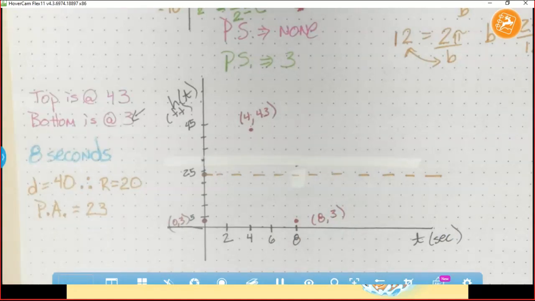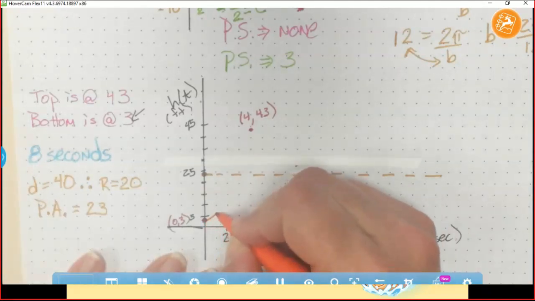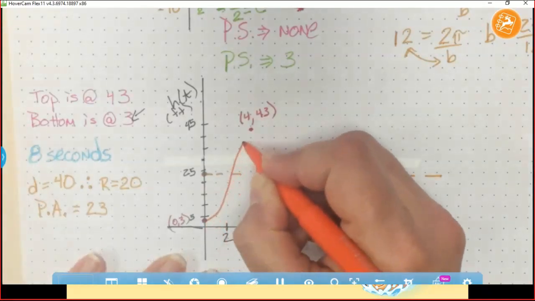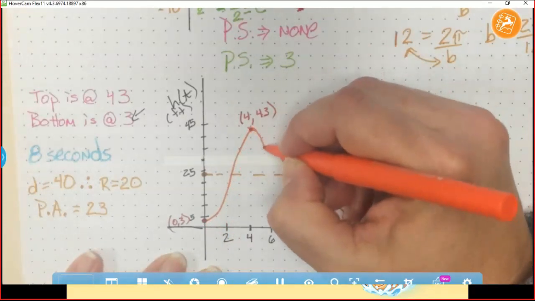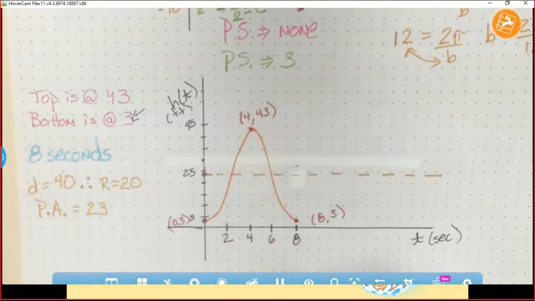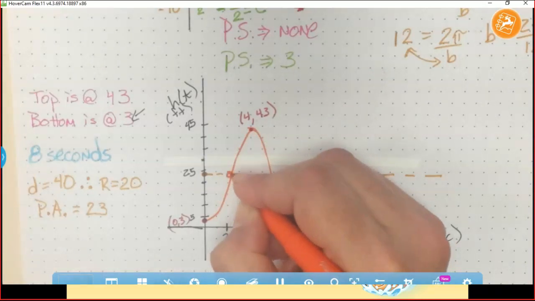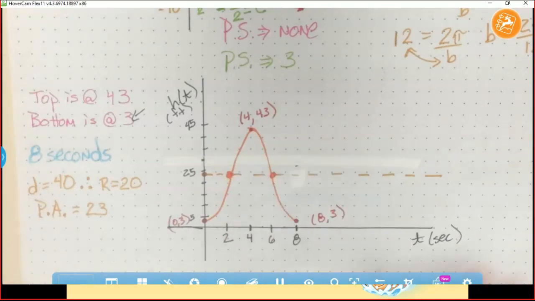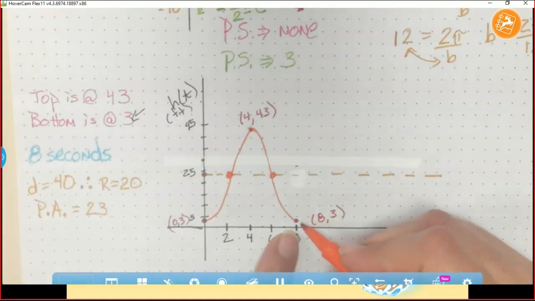So now I'm going to draw my cute little graph. There we go. So now I'm going to go whoop, because here and here, and then guess what happens again?